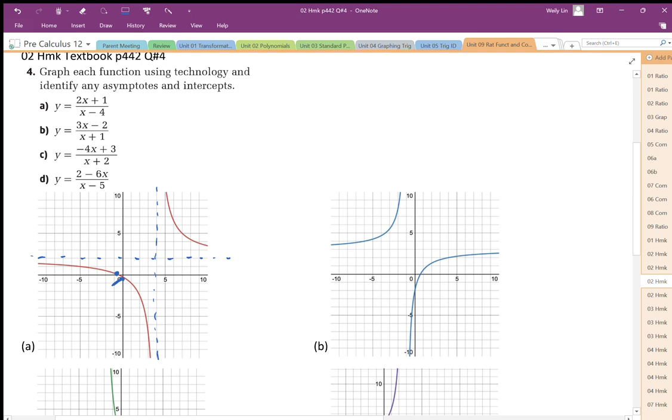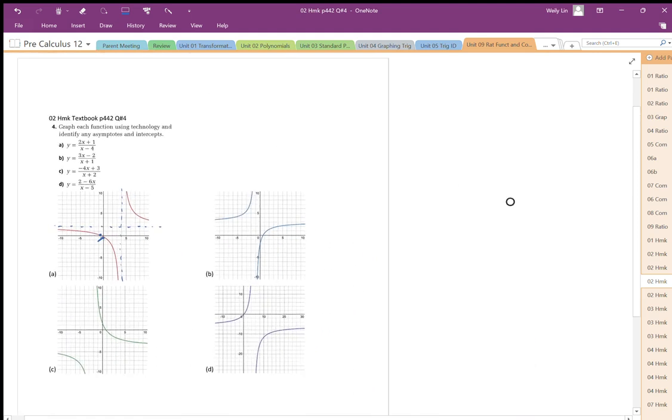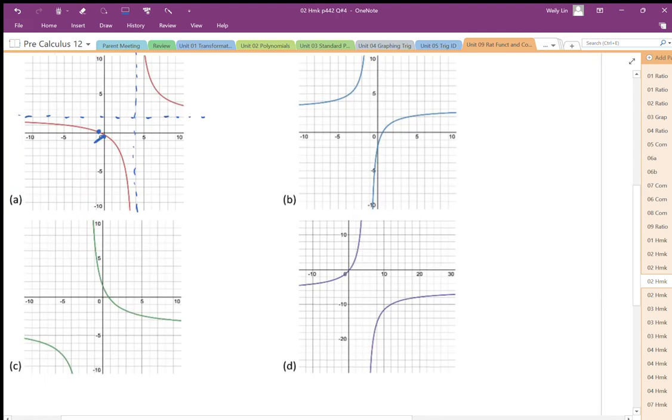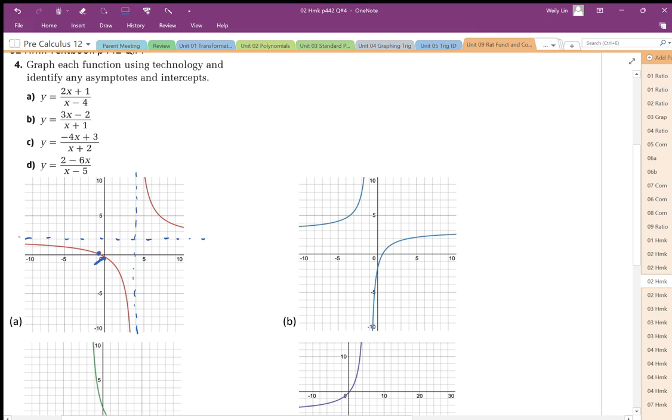So for B in blue, we can see that we have (3x - 2) over (x + 1). Again, the first thing we look at is our denominator. Our denominator gives us our vertical asymptote.